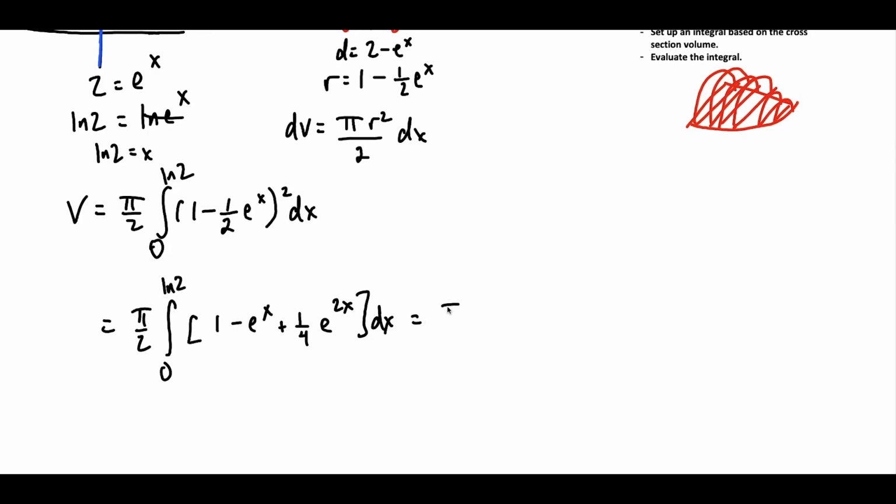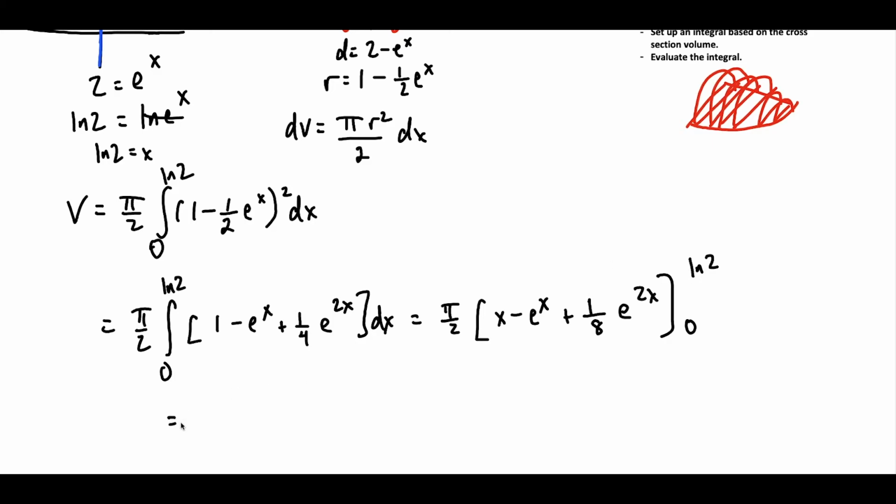So then all you'd have to do from this step is take the antiderivative of every piece. You'd have x minus e to the x. And then this, you could do a u sub, or just think about this carefully. The antiderivative of e to the 2x is e to the 2x divided by 2, which would give us a 1/8 e to the 2x. And we're going from 0 to natural log 2.